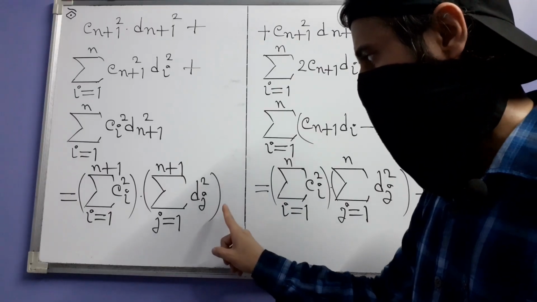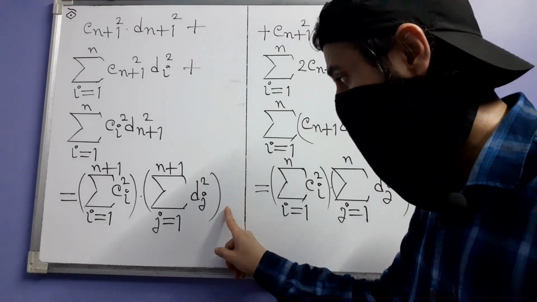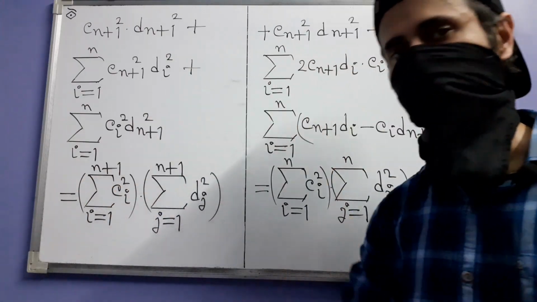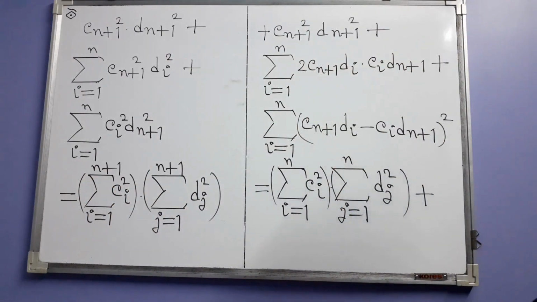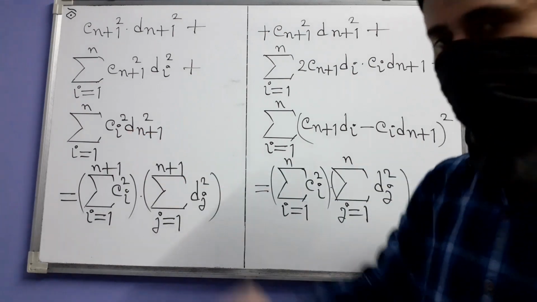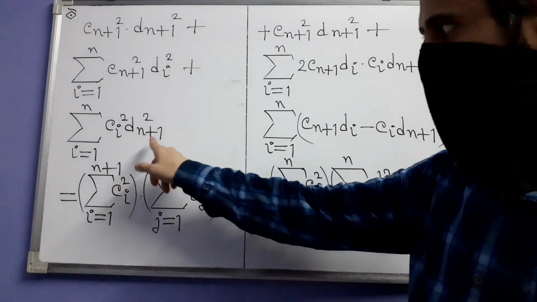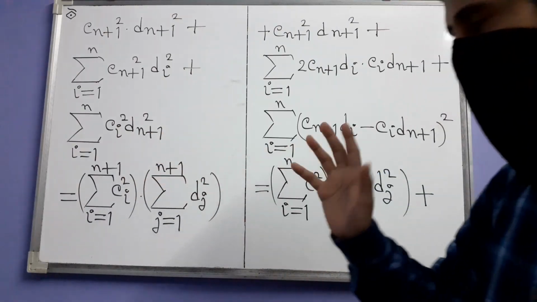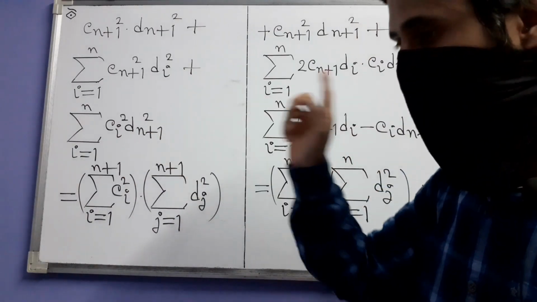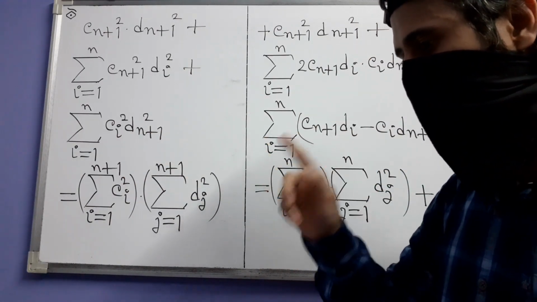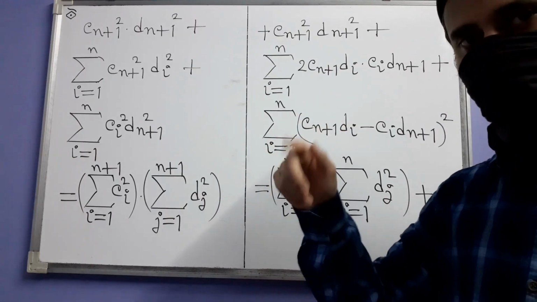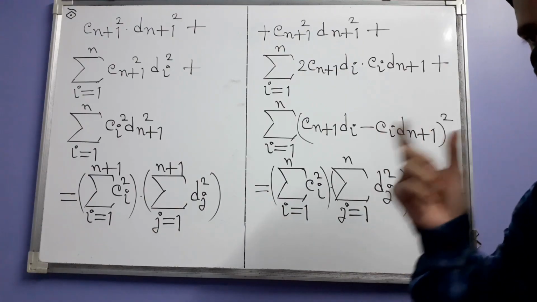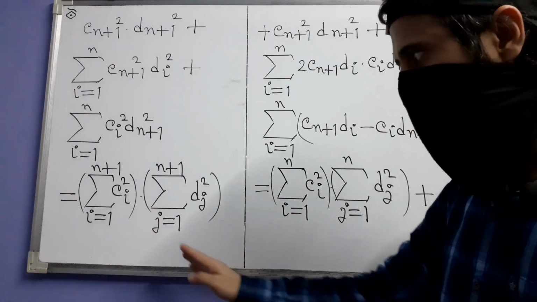And also you will multiply d_{n+1} squared from this side and this sum where i goes from 1 to n. So that way you will get d_{n+1} squared times summation c_i squared where i goes from 1 to n, and that is what you see here. And there is one more thing, the multiplication is not complete.